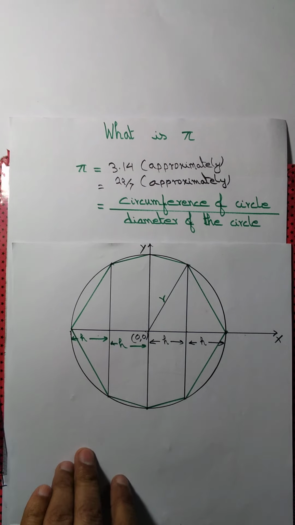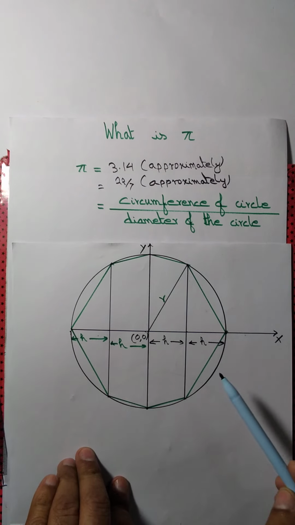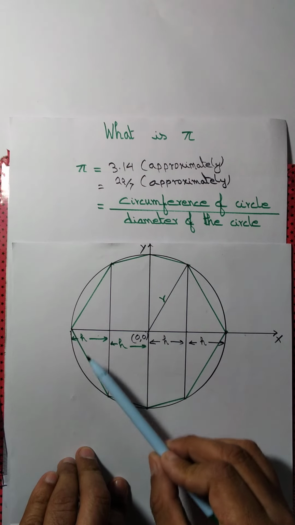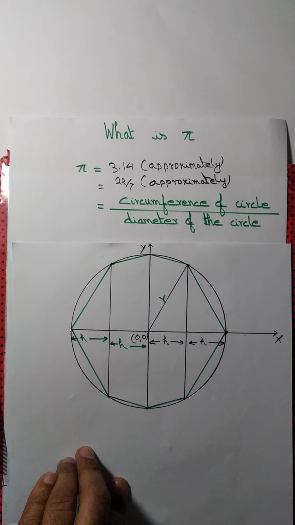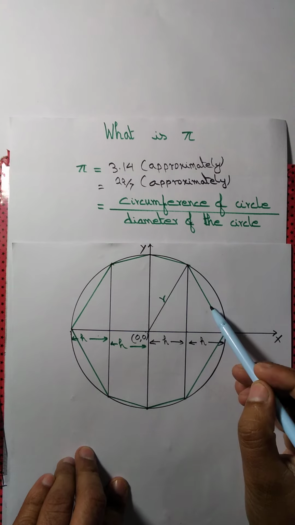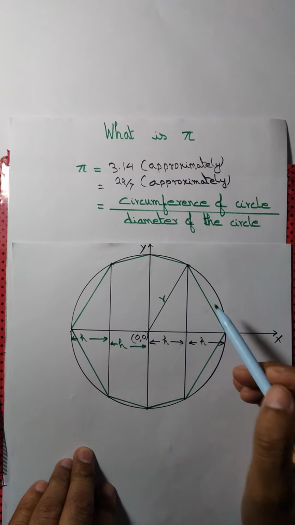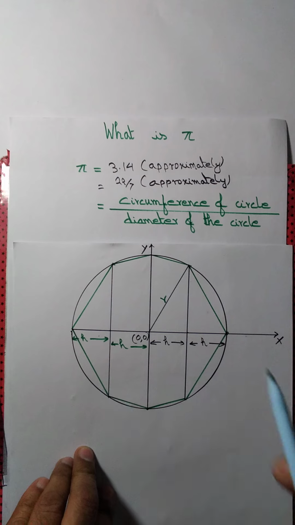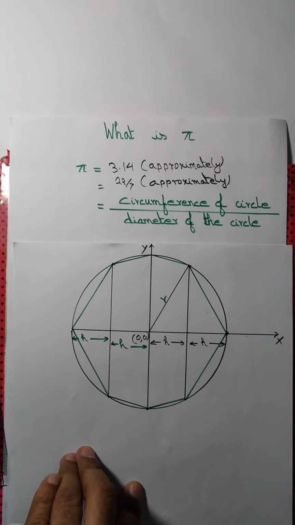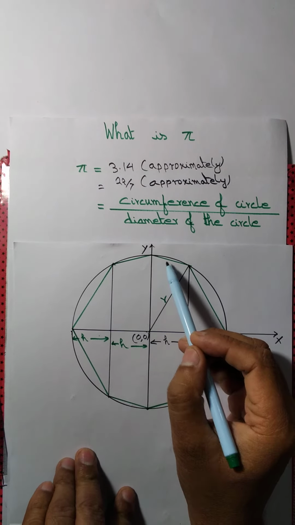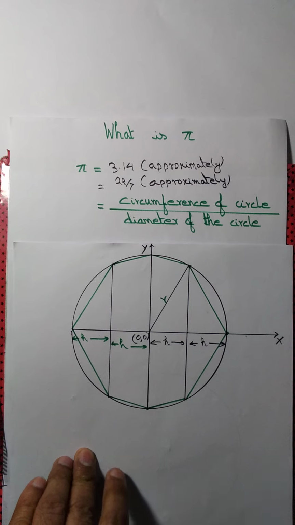Okay, so what we want is to approximate the circumference using these lines. How many of them are there? There are 8 of them. Now we observe that this measures the same as this, and this measures the same as this, and also this. So these 4 are of the same measure. So let's try to determine the length of this line, and then we multiply by 4.